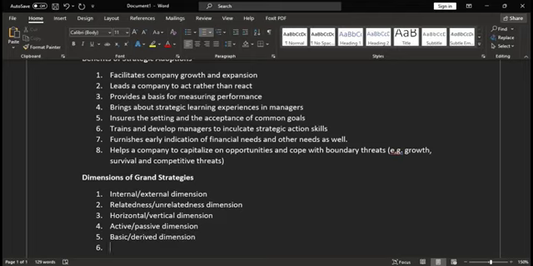You have the local or multinational dimension.